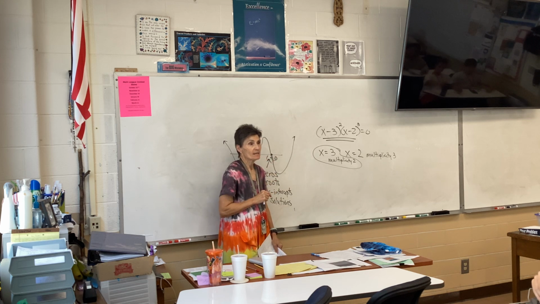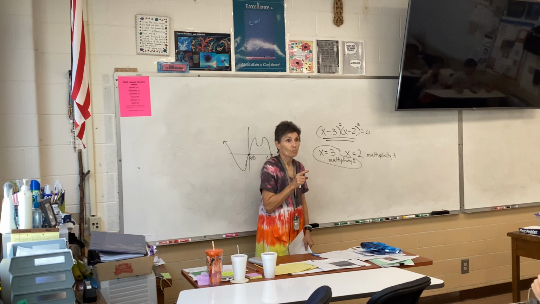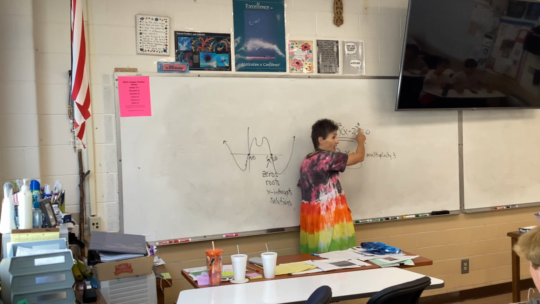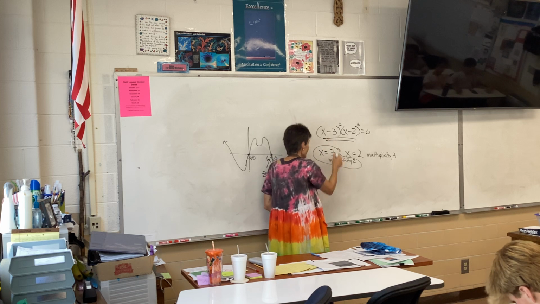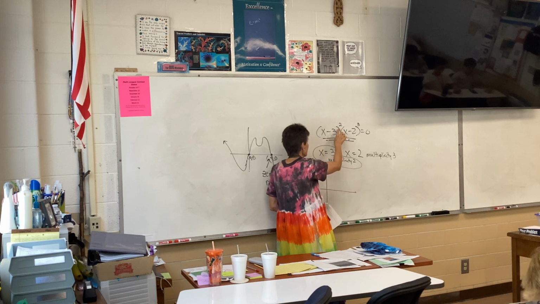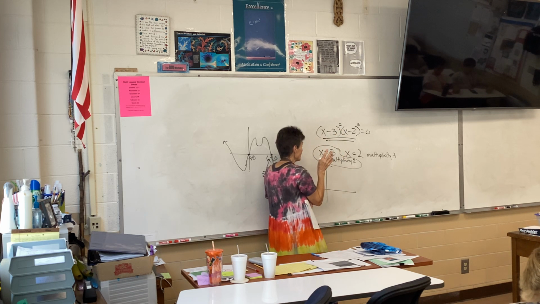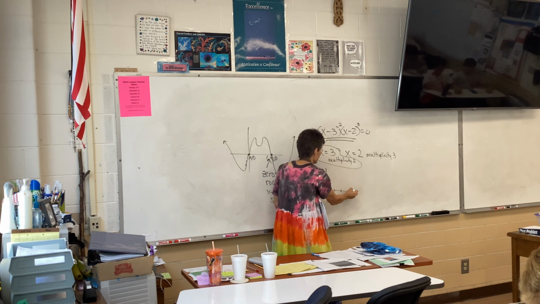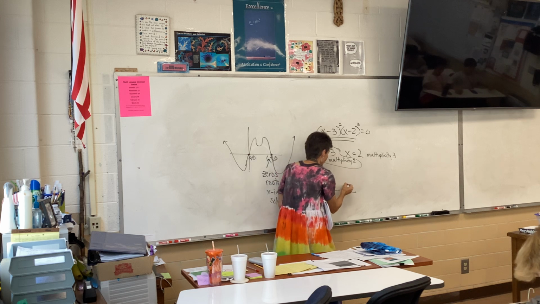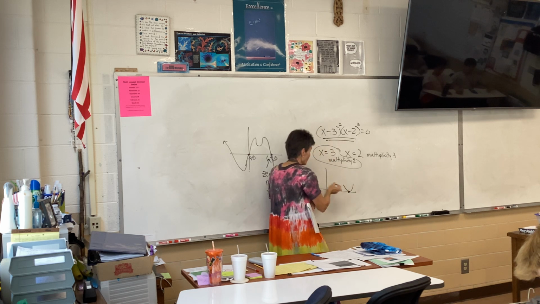It bounces. It squiggles when you have an odd multiplicity. So if you have an even multiplicity, any even, it doesn't have to be 2, when you get to that zero, in this case 3, you're going to bounce off of it. If you're coming in from the top, you bounce off and go back up.